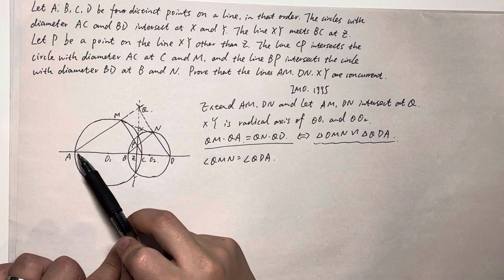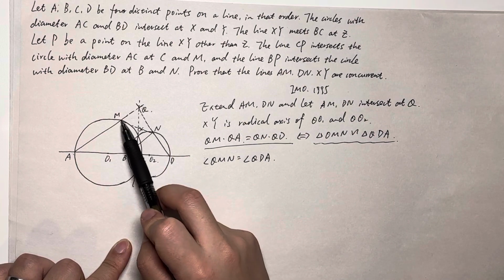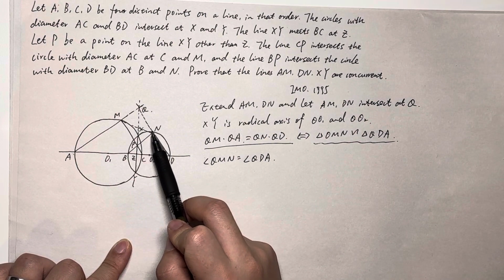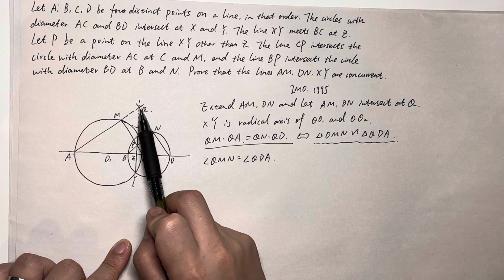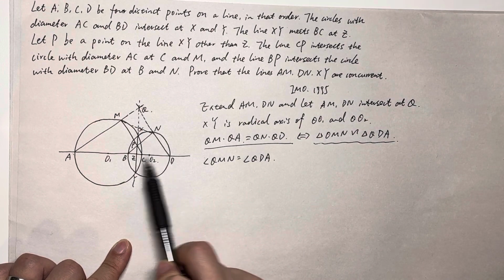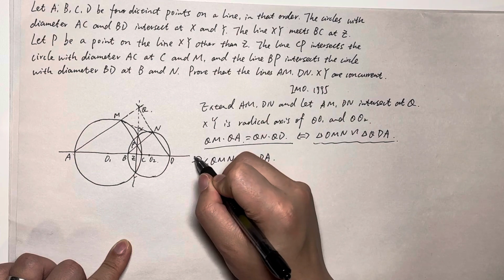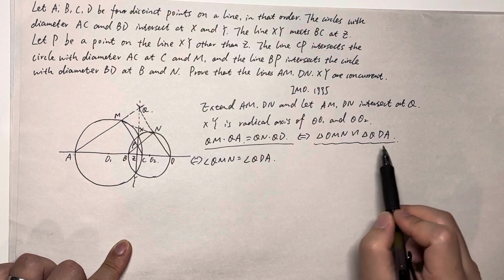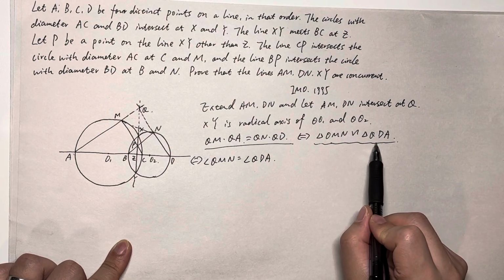We already know that angle AQD equals angle MQN. So if we can prove that angle QMN equals angle QDA, we prove these two triangles are similar, right?